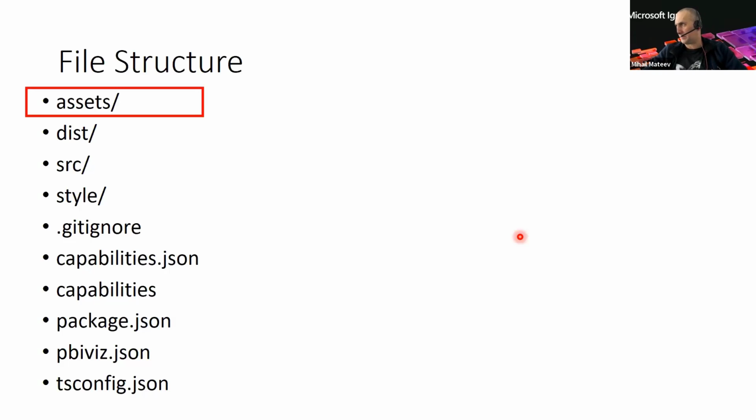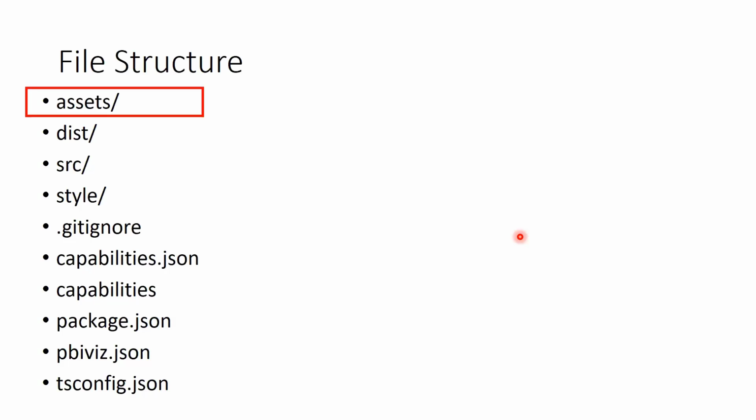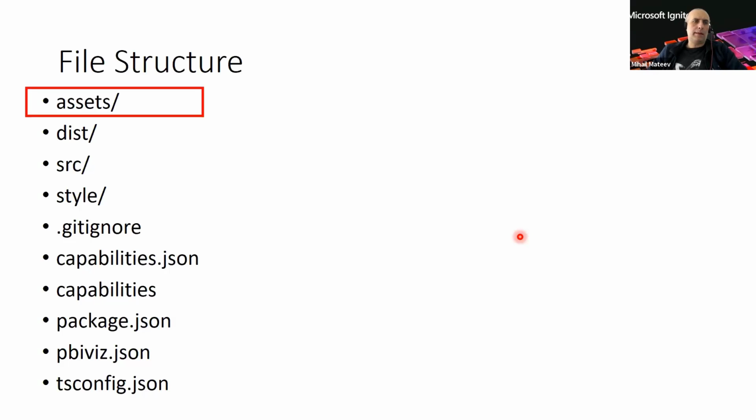From one side, you have assets. Assets is a folder where you have icons, screenshots, such kind of things which can be used like content, but it is not related to some logic. This is a folder where you have packages for distribution.